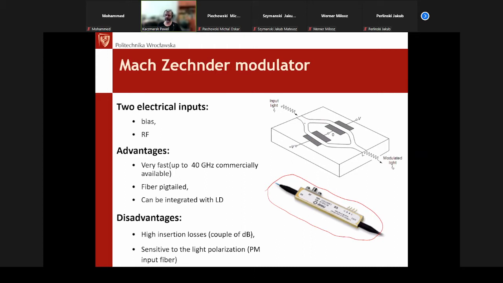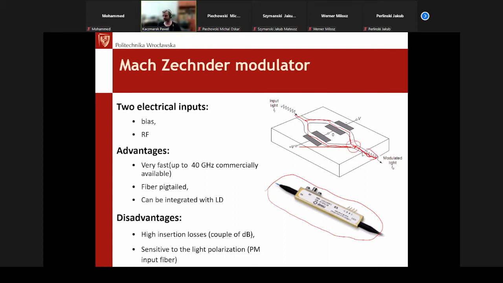So we have an interferometer. We put the light in at the input, it is divided into two independent beams, and then they meet together in the output waveguide. In this coupler, we have interference between these two beams, and depending on the phase difference between them, we will have maximum or minimum light intensity.